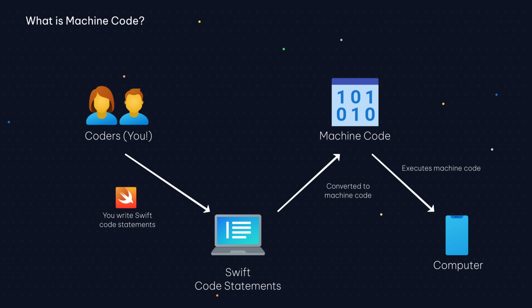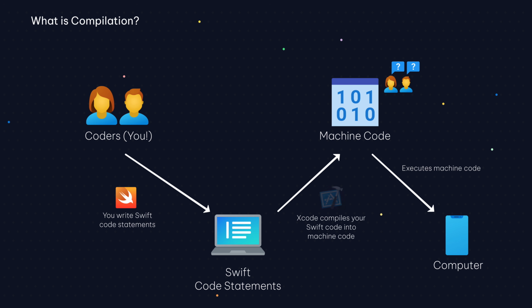Now you might ask, why not just write machine code and skip this extra step? Well, Swift code is easy to read, write, and manage for us human beings, but machine code is not. So that's why we need this step. Now the thing that converts the high-level code, like Swift code, to machine code is called a compiler. In this case, with building iOS apps, Xcode performs this compilation step.